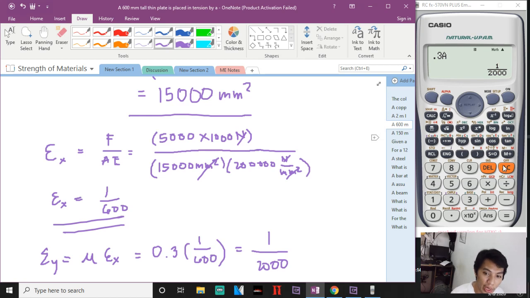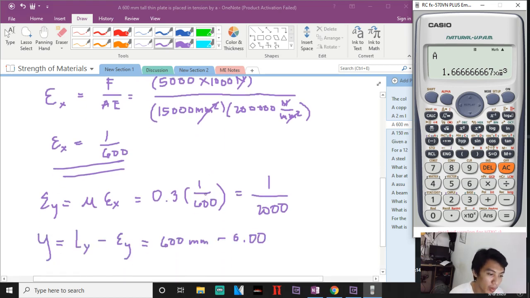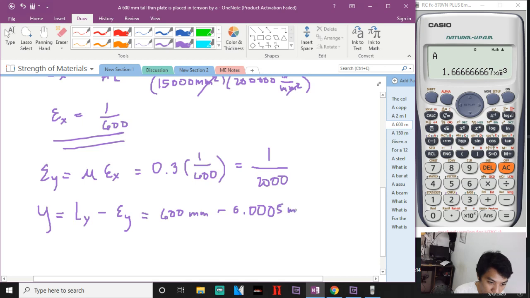Yung recall A, that is 1.67, tama naman. So, 5 times 10 to the negative 4, 0.05. Okay? 0.0005 mm.